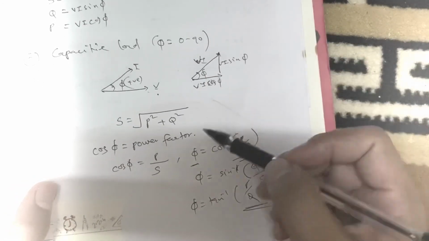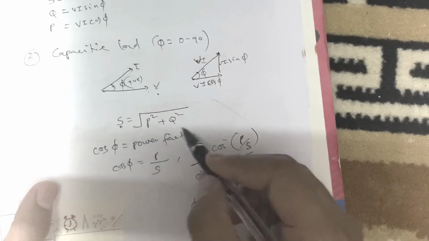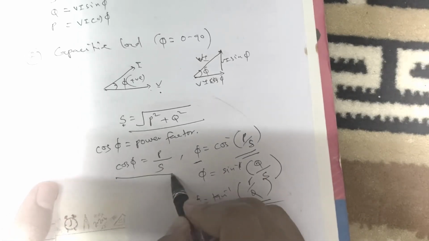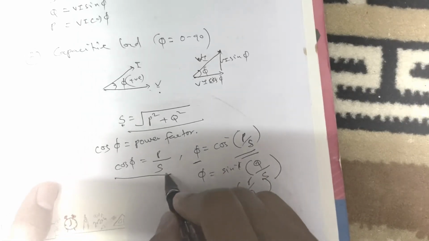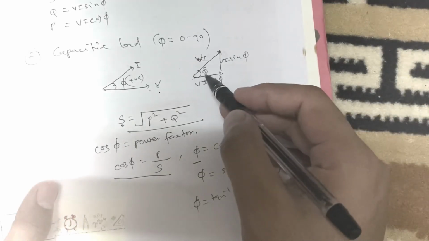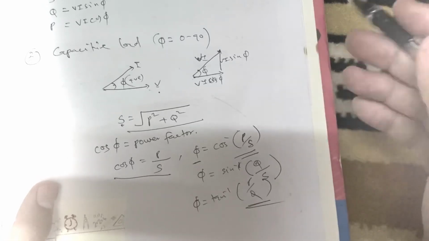With the power triangle, we will be able to find the apparent power using the Pythagoras theorem. And again, using the trigonometric ratios, we can also find the power factor and the phase angle between the voltage and the current. So that's it.